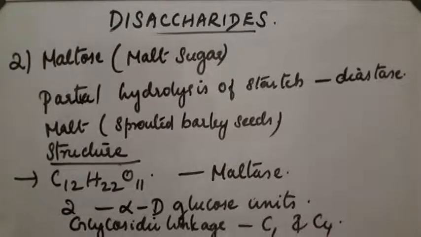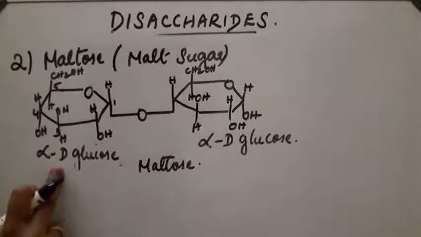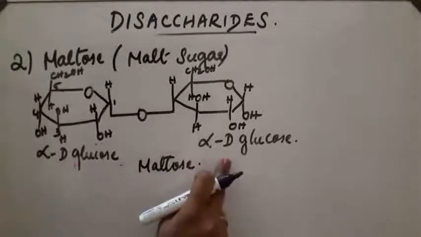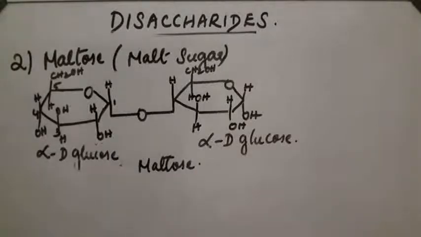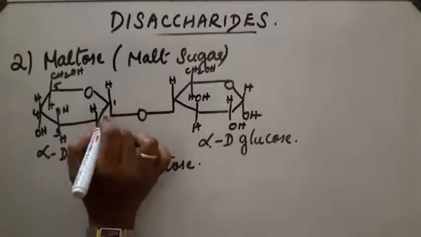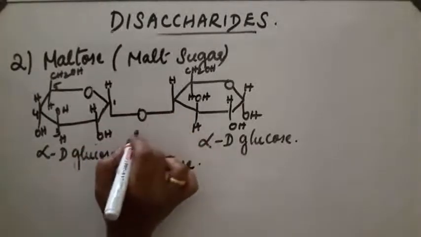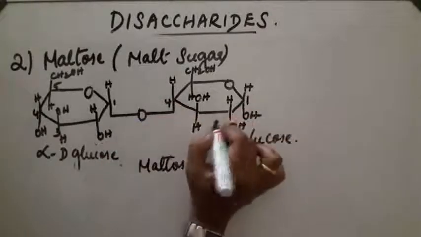This is the structure of maltose: one monosaccharide alpha D glucose, another alpha D glucose. C1 of one glucose unit forms a glycosidic linkage with C4 of the other glucose unit.